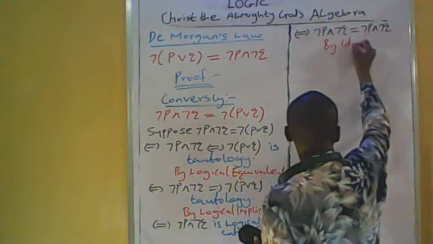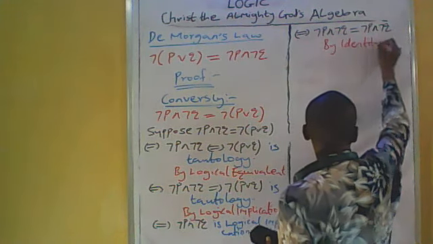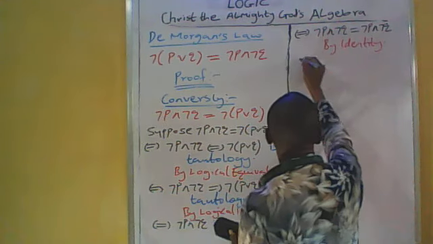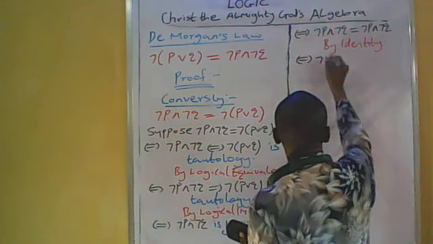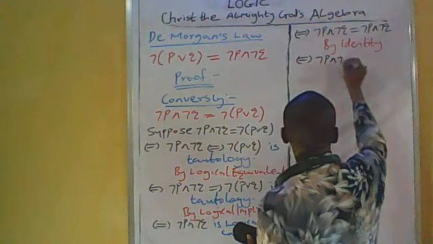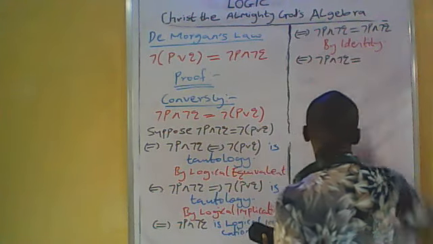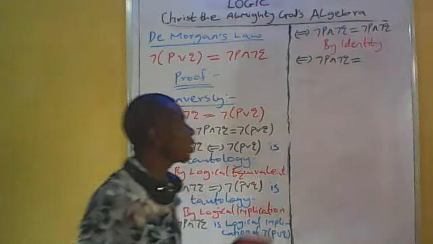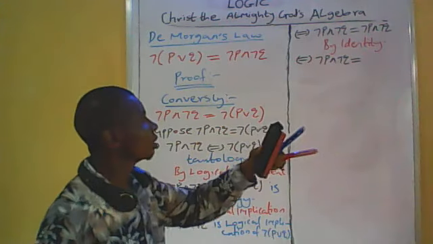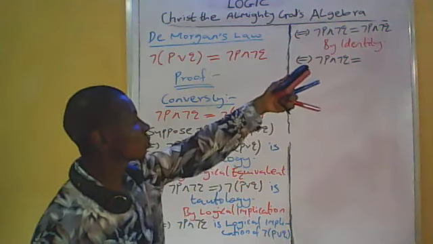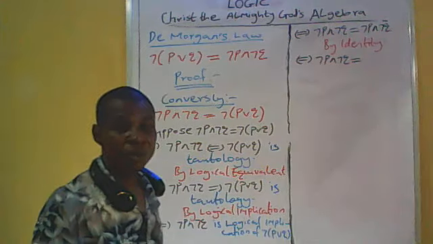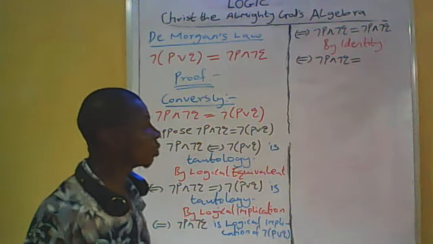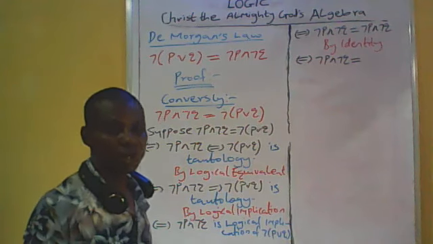By identity, say if and only if not P and not Q is equal to. Now we are going to intensify, because we're going to transform not P and not Q to a conditional statement.